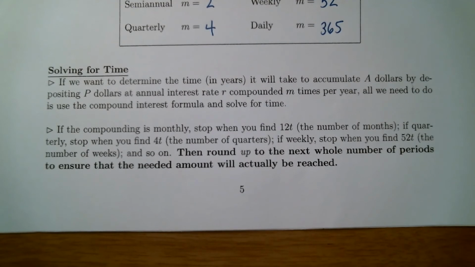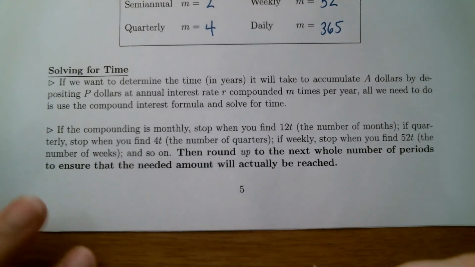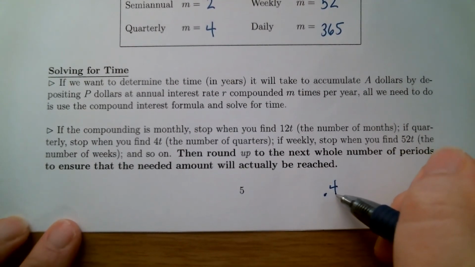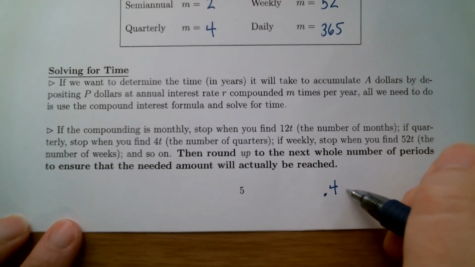And then once you have solved for MT, you'll punch in all the numbers, and that's going to give you some nasty decimal. You're going to take that decimal and round up to the next whole number. Always. Even if your decimal was like 0.4, and you know that if a 4 comes after, you're going to keep it the same.